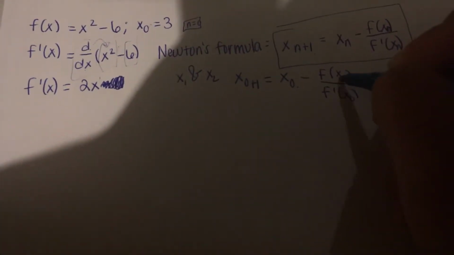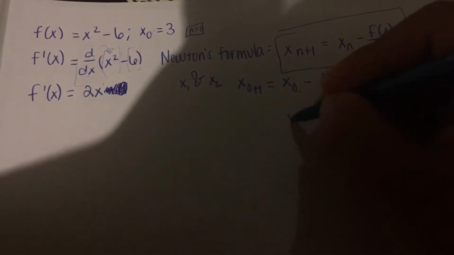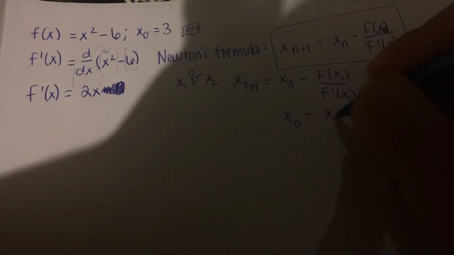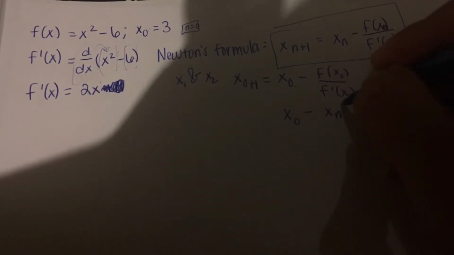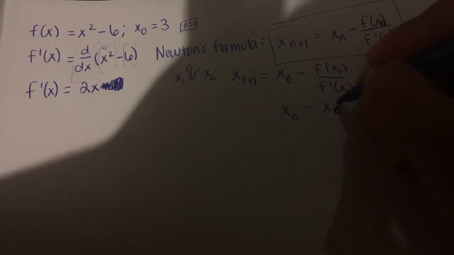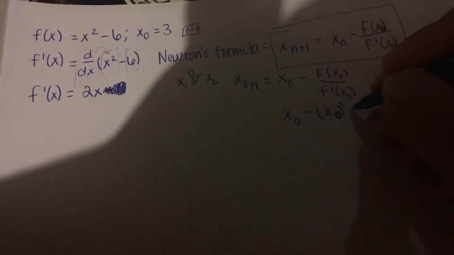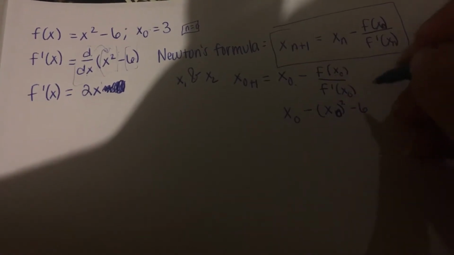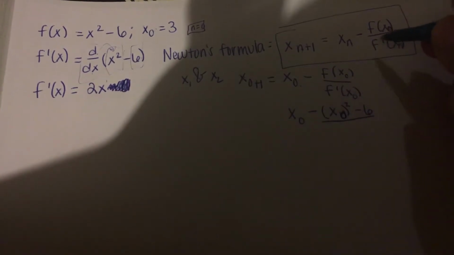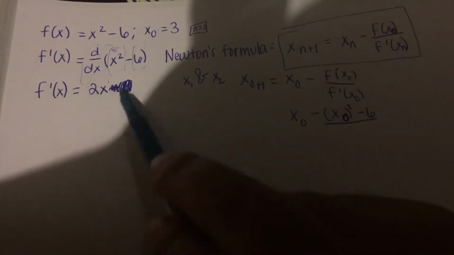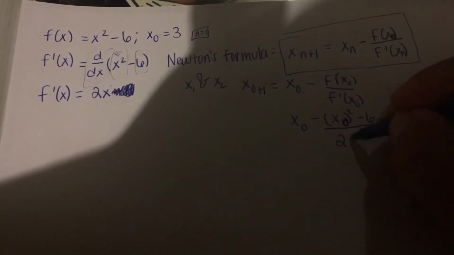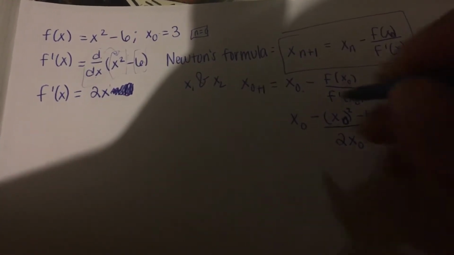We already know what our f of x is, so let's bring it down here: x sub 0 squared, I'm going to put this in parentheses so it doesn't look like a chemical equation, minus 6, over our f prime of x, which we already figured out, which is 2x, so 2 x sub 0.